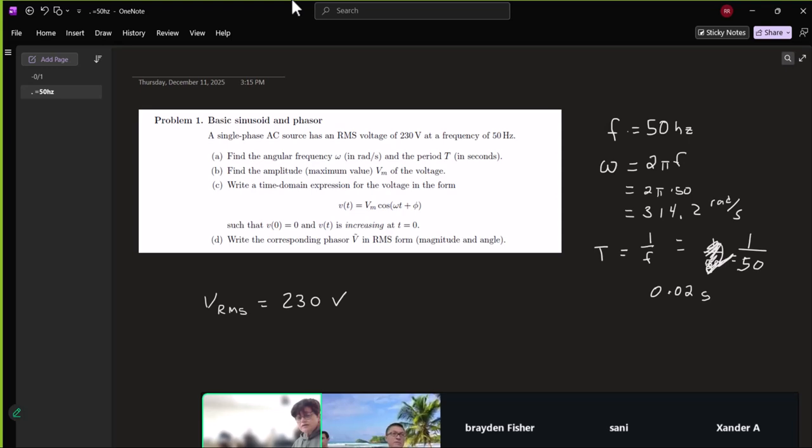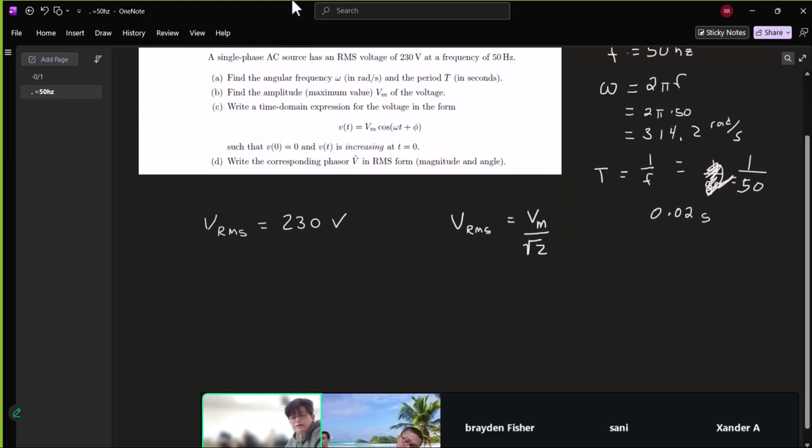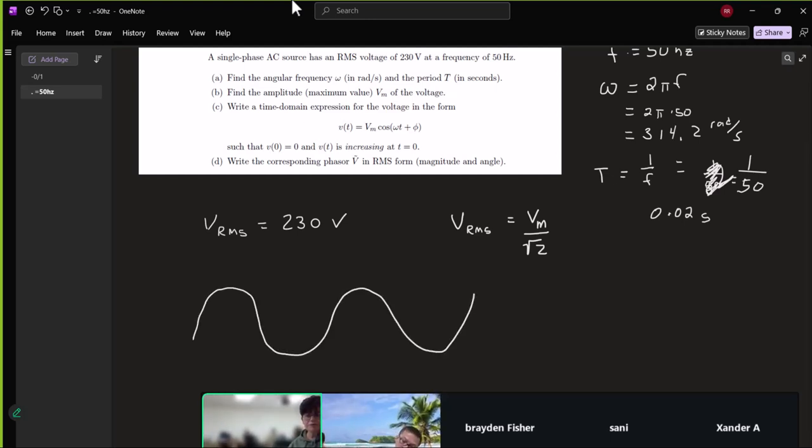And it turns out that for sinusoids, VRMS equals the maximum voltage over the square root of 2. The maximum voltage is the same as the amplitude, because if we have a sinusoid, then the amplitude is this maximum distance.